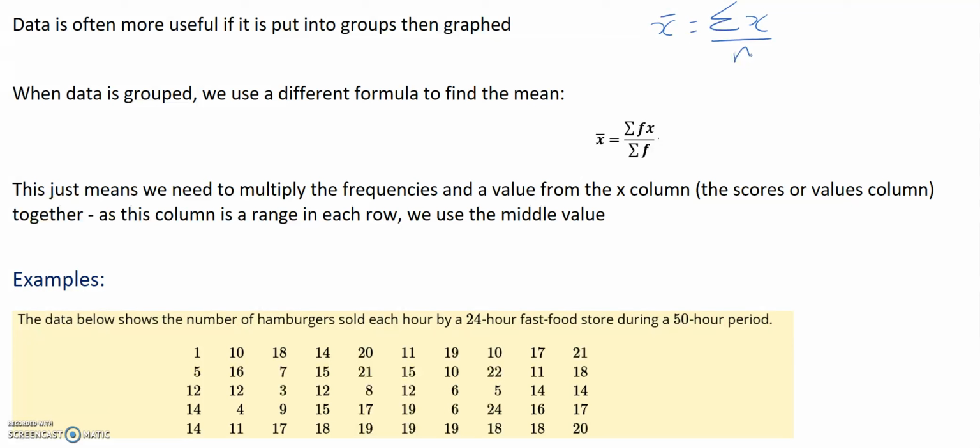So when we have a large set of data and we are putting them into groups, what that means is, let's say, for example, we have test marks of everyone in our class. We did a little mini test and the test was out of 50 and the results that we all got ranged from a minimum value of 20 right up to 49.